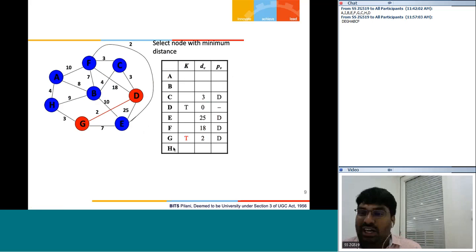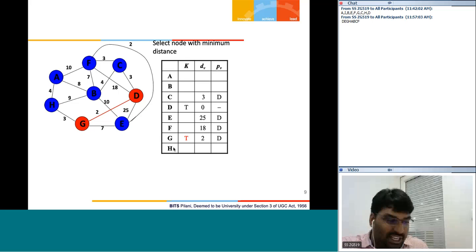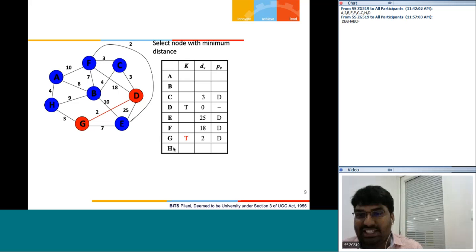Now where have I reached? I have reached G. Perfect. Now what next? Can anyone say what are G's adjacent vertices? It is H and it is E. Just carefully observe here. D is already visited, so D will not be considered. So H and E. Right, perfect.